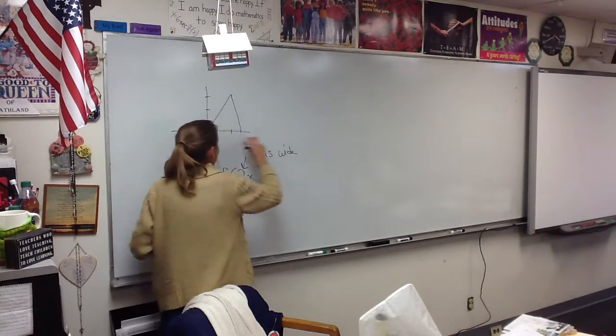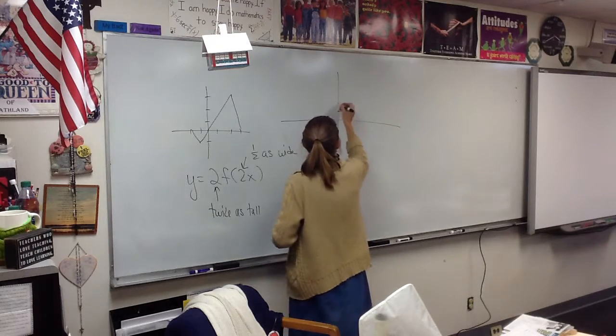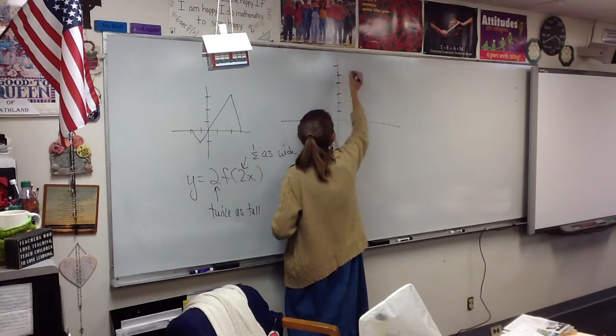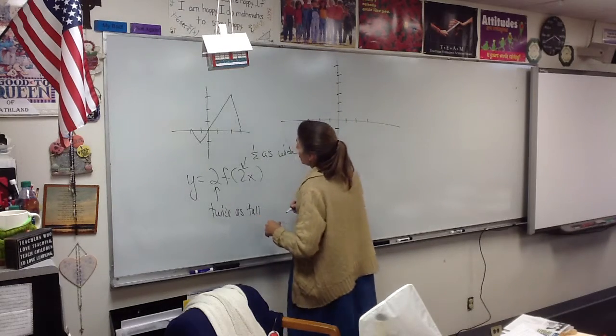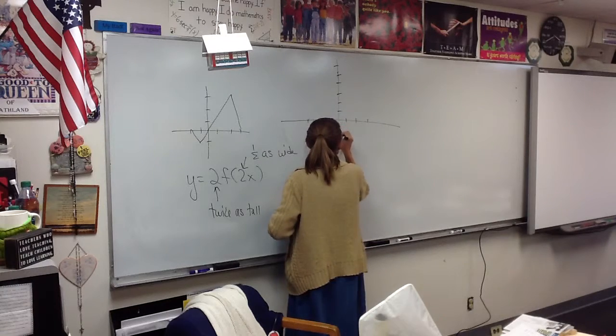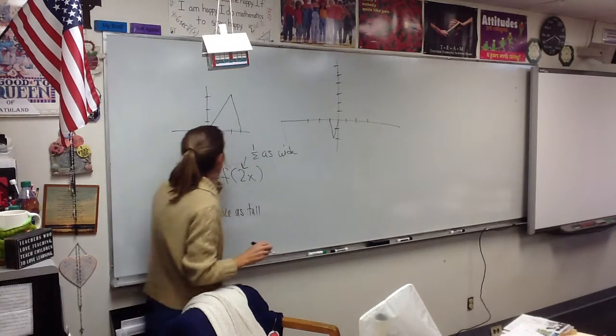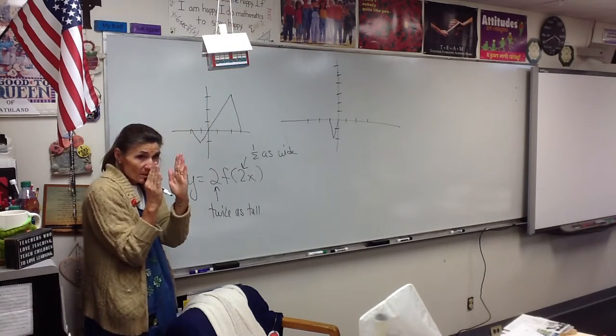So now I'm going to draw that picture, but it's going to be twice as tall and half as wide. So it's going to look like this. That little v is going down to, but all in the space of 1 unit.